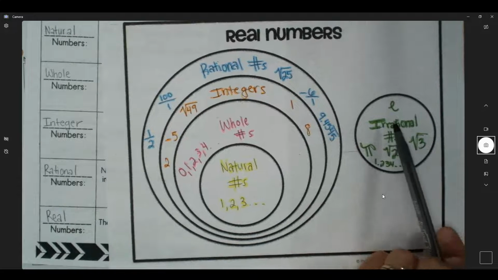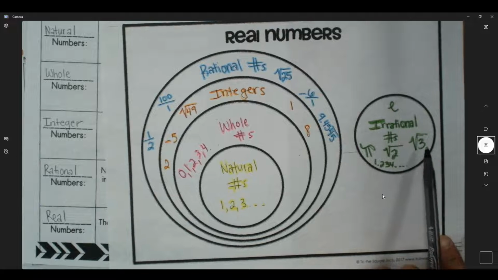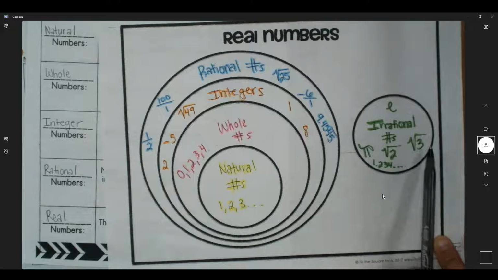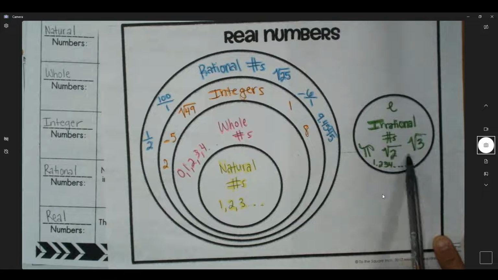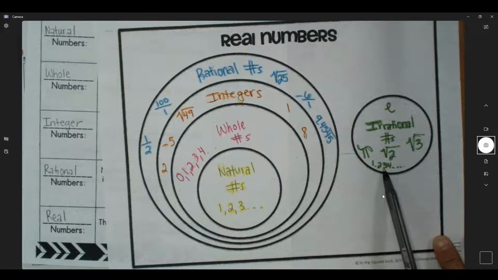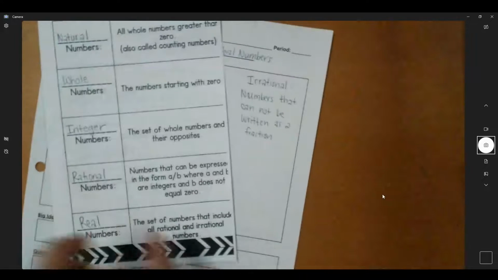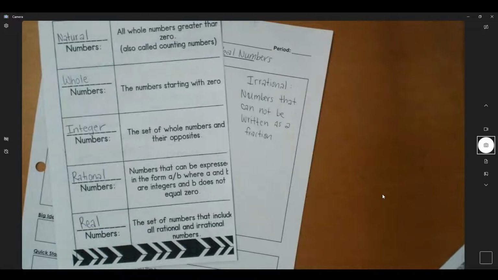And then irrational, there's some very specific irrational numbers like e and square root of 3, square root of 2, pi. These are the most popular irrational numbers. And then a number that keeps going on and on and on, doesn't repeat or anything like that. And we'll go over that a little bit more here in a second. So that's the vocab.